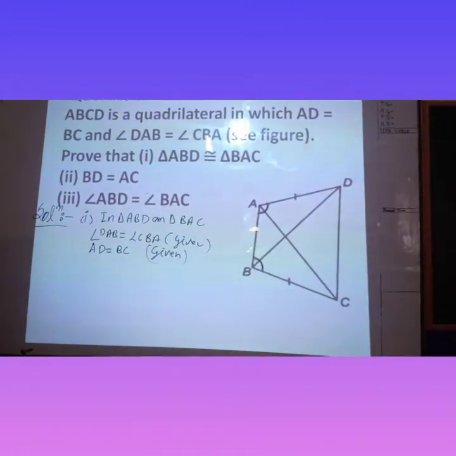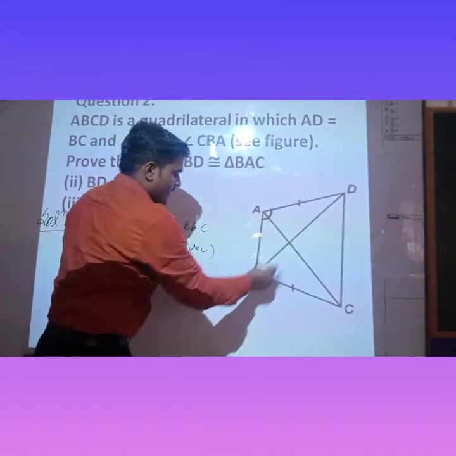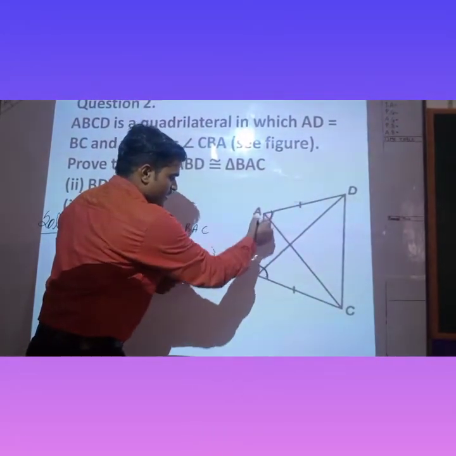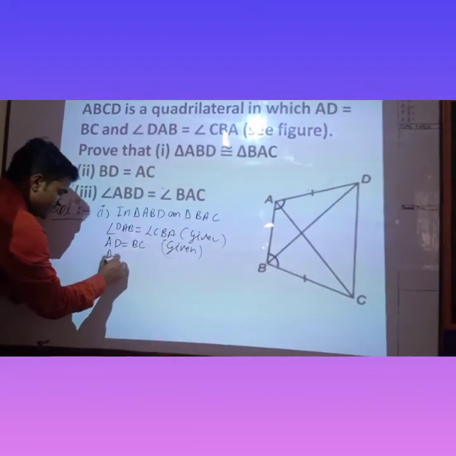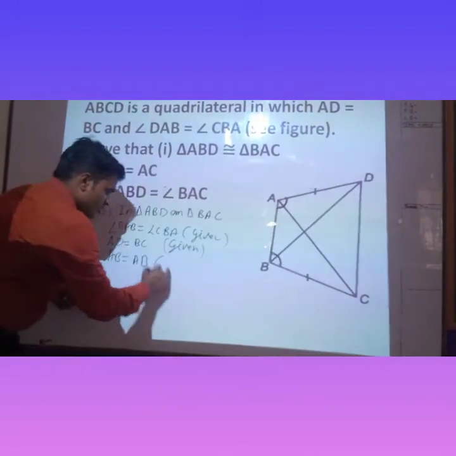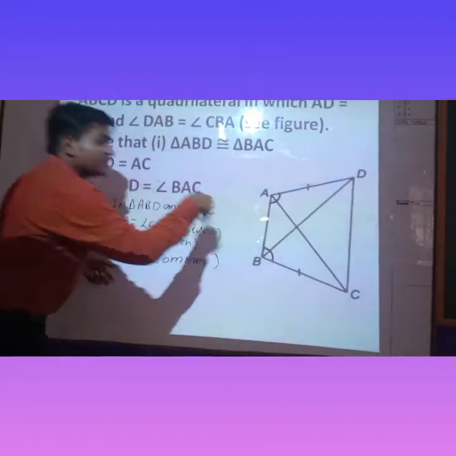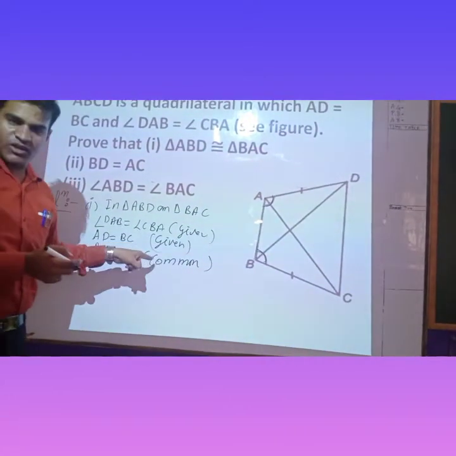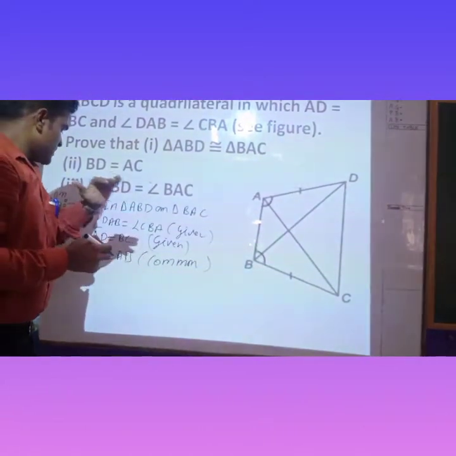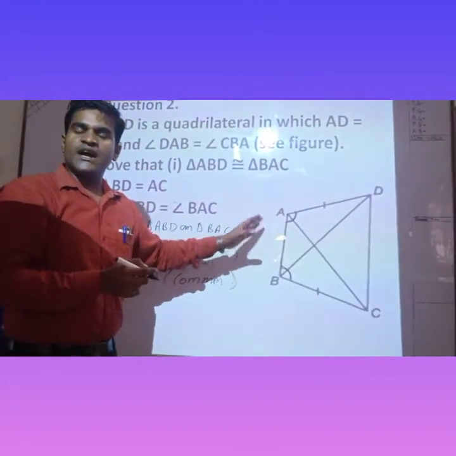But children, here in triangles ABD and BAC, AB is common. So AB is equal to AB. You have to write there: common side of both triangles. So we got two sides and one angle equal, which means by SAS congruency criteria these two triangles are congruent.